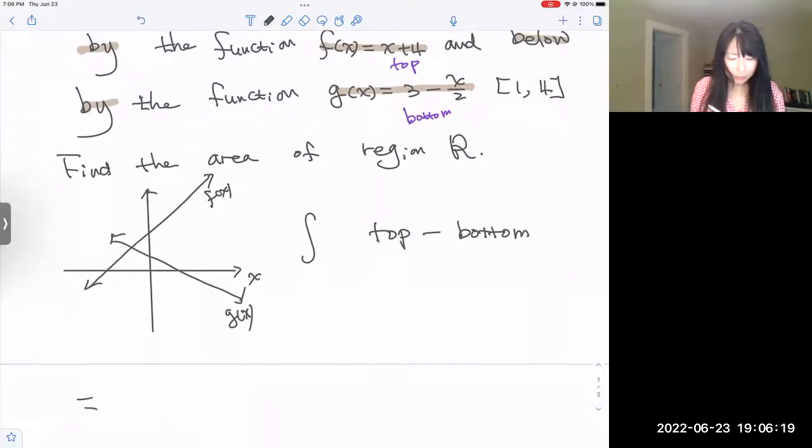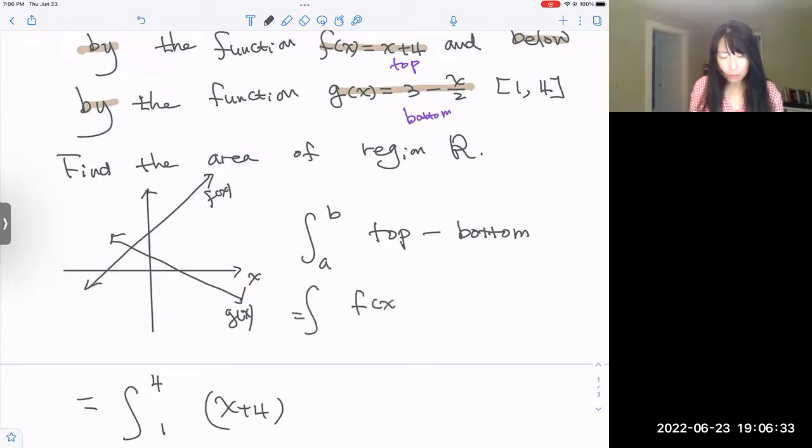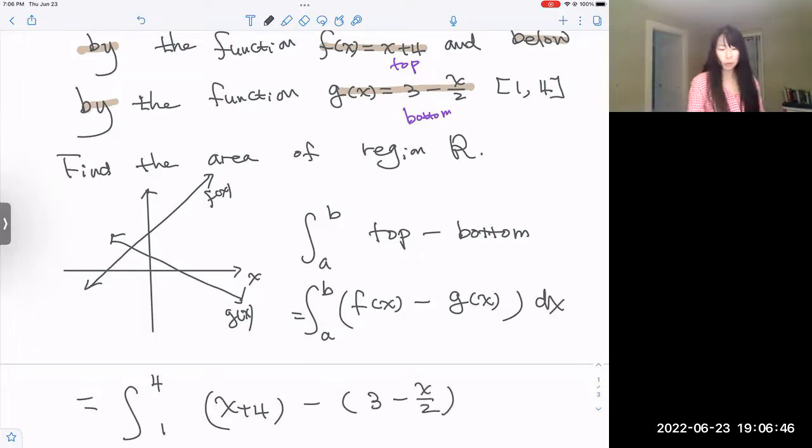So we will have from 1 to 4, top, which is x plus 4, minus 3 minus x over 2. Okay, that's the bottom curve, which is g of x. Now, dx.